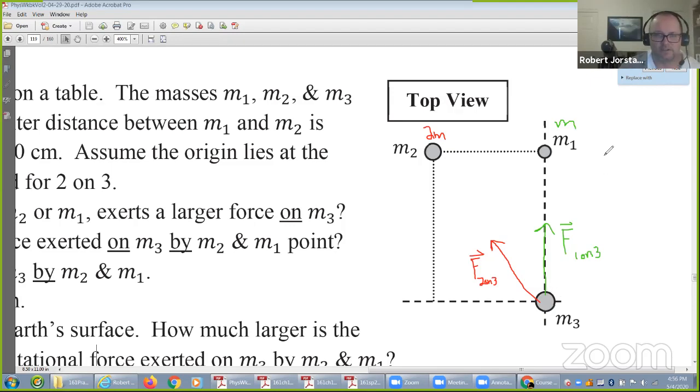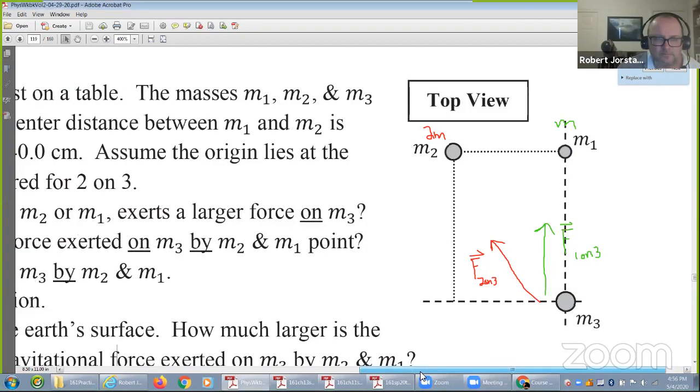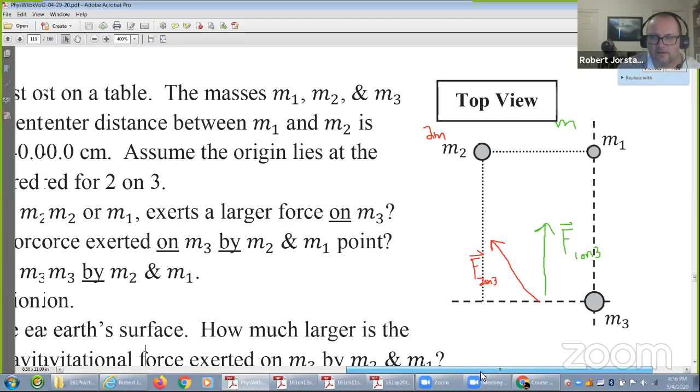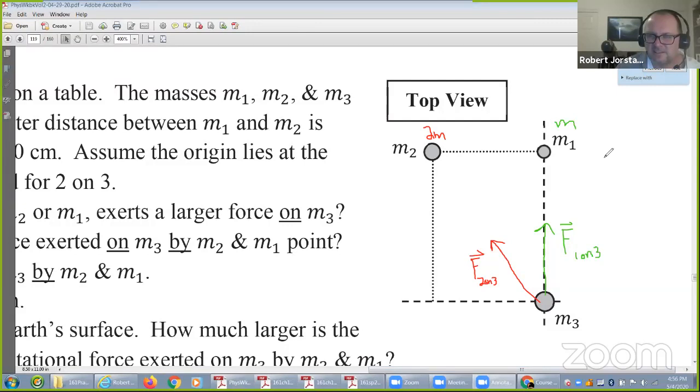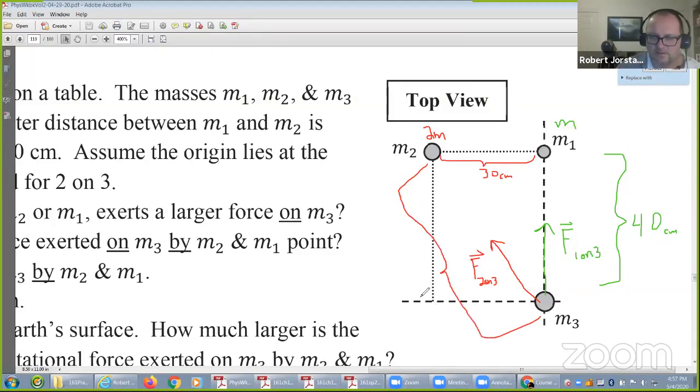This one is 4 units, I think. Let me just double check here. 40 centimeters. Okay. So in this case, this distance is 40 centimeters, whereas the red distance, if this is 30 centimeters, then this one here is probably going to be 50 centimeters, a 3, 4, 5 right triangle.